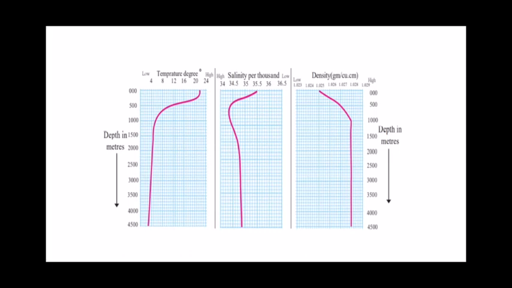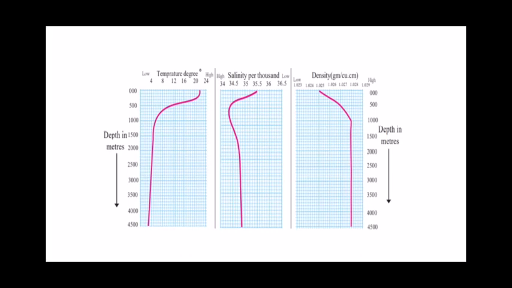Temperature and salinity, that is the content of salt in the water, are the two properties of seawater that control the density of the seawater. If temperature reduces, density of water increases. So cold water is denser and so is saline water.